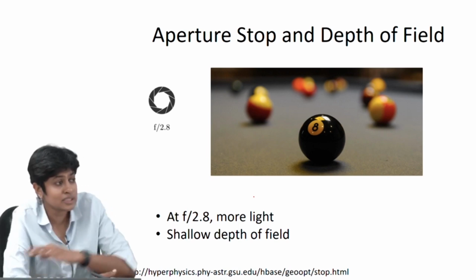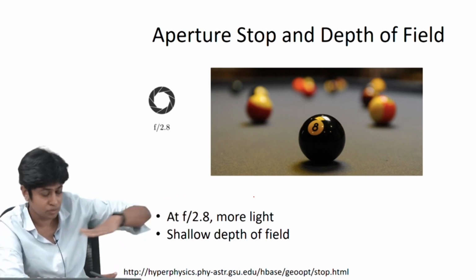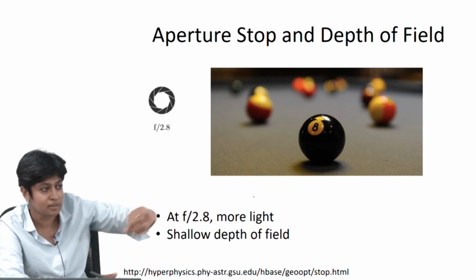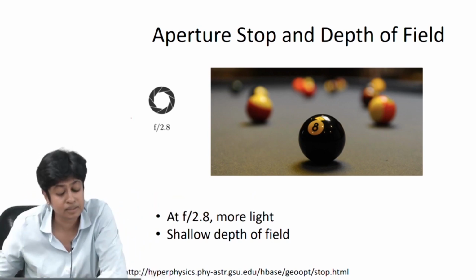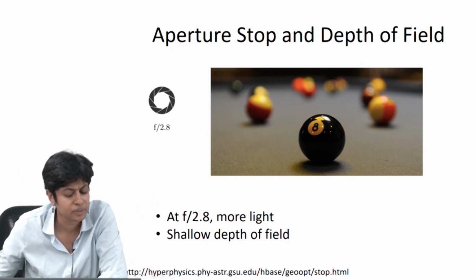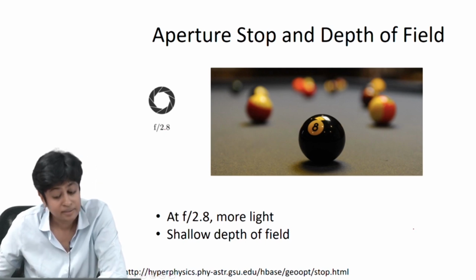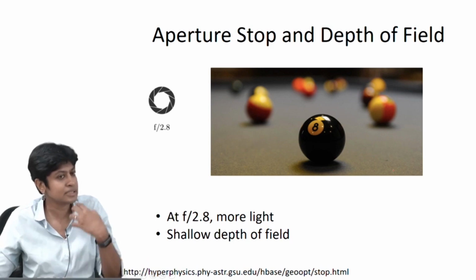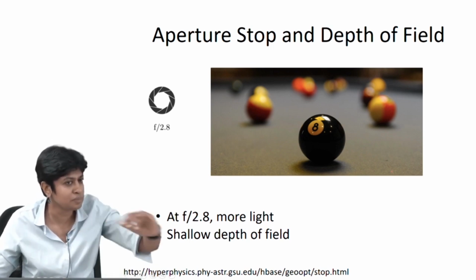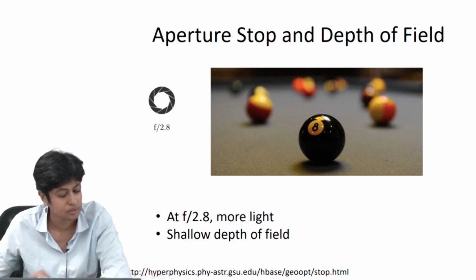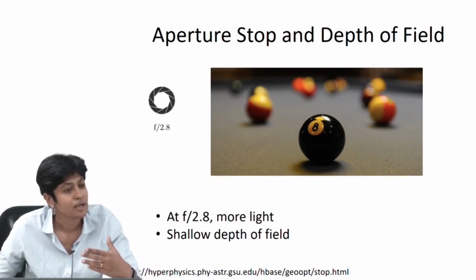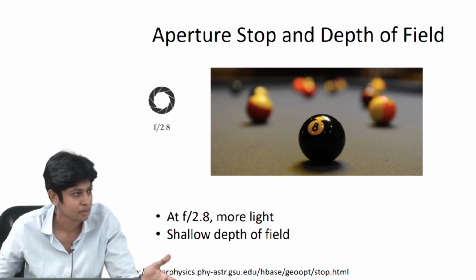Here's a photograph taken of a billiard table, at a glancing angle, and you've been told it's been taken with an f number of 2.8. In the image, the billiard ball in the front is clearly sharply focused and the ones behind are blurred. So you could say this was taken with the camera set to have a very shallow depth of field.